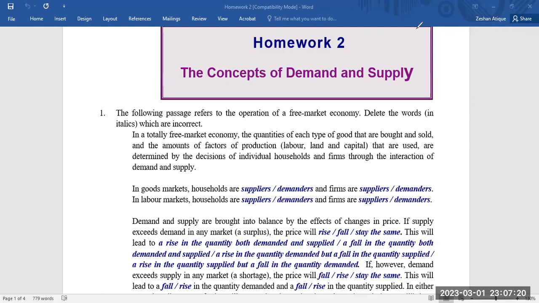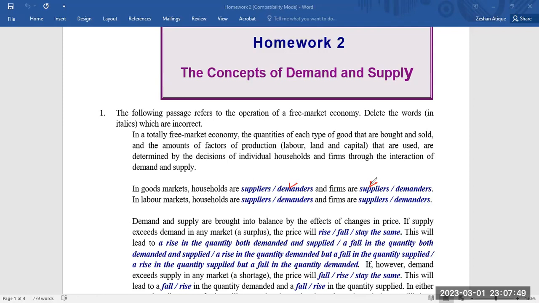Now, if you look at the question, in the goods market, what do the households do? Being a household, you demand goods, and the firms are supplying the goods. So the firms are the suppliers. But this relationship reverses in the labor market. When you go to the labor market, you do not demand labor, rather you supply labor.